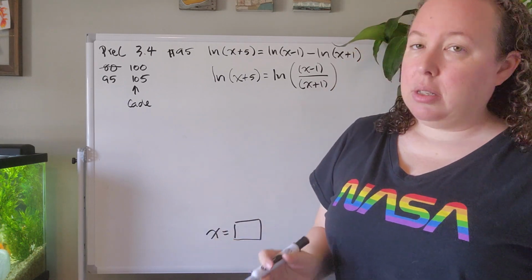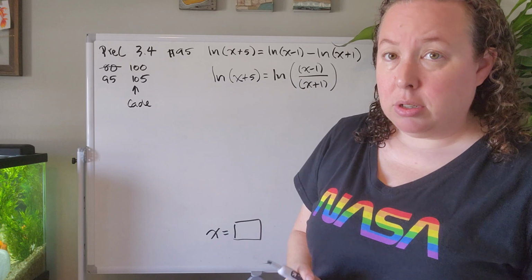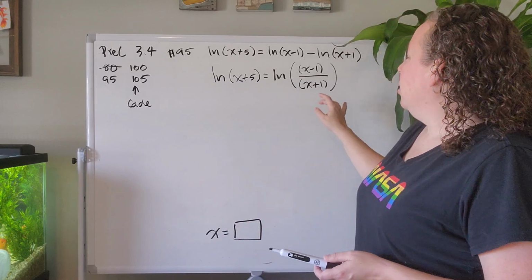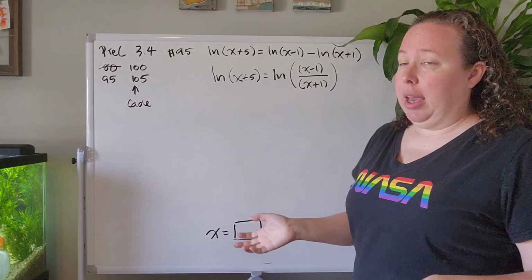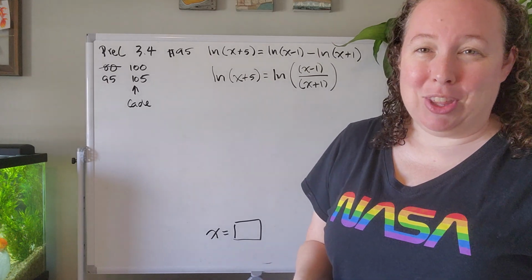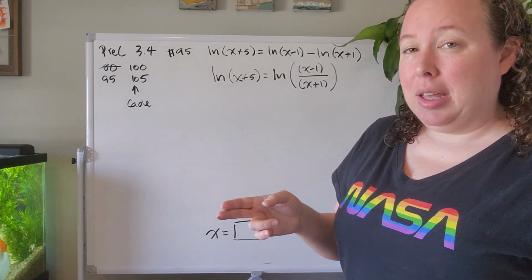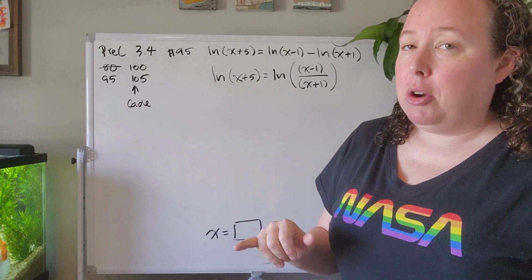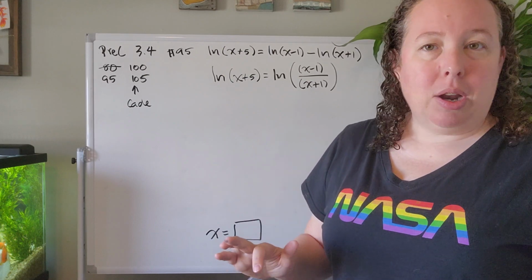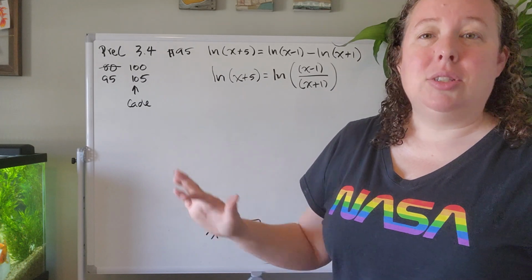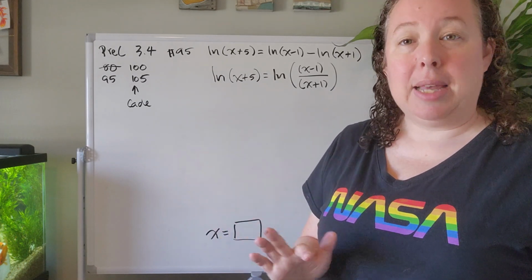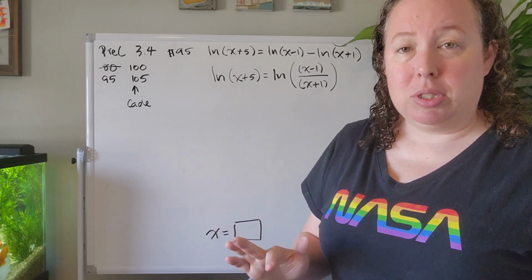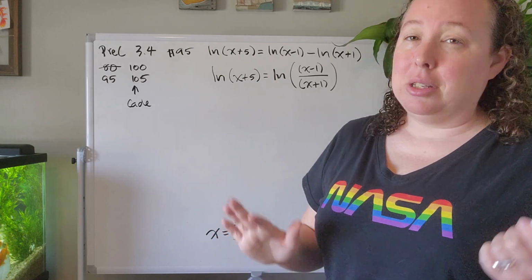And this has actually helped us in two regards. The first is, okay, we've got one fewer term, so that's helpful. But the second is, now we've got two terms on either side of the equation, and both of them are natural logs. But the opposite operation of natural log is natural base. And so we can do the same operation to both sides to get rid of the logs.